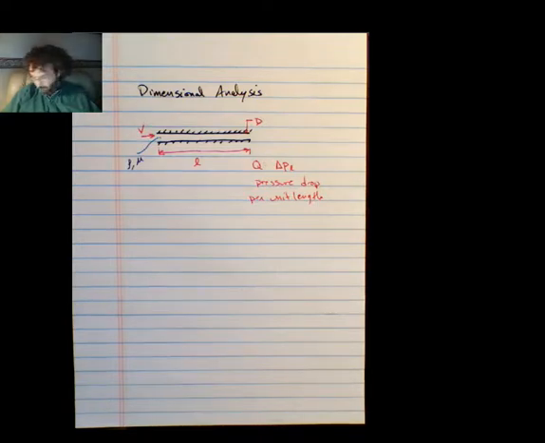But let's say we're interested in the pressure drop per unit length. And why? Well, let's say we want to buy a pump and we need to know how much pumping power it would take to push fluid at a certain rate through a certain pipe of a certain density and certain viscosity.